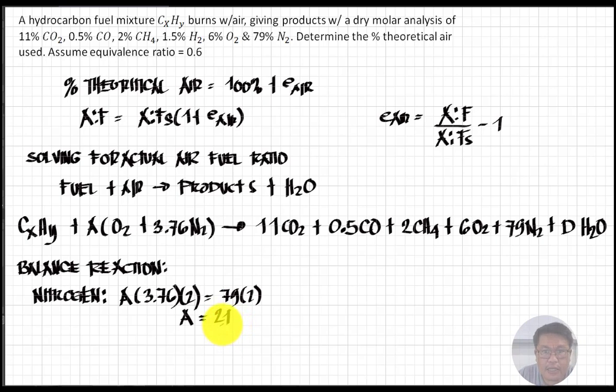Then let's go for the hydrogen. Now for our hydrogen, you will notice we have hydrogen in this one and this one. It is unknown, so I'm going to put here a letter Y since it is represented by Y. So that will be Y multiplying by 1, equal to, on the other side, for hydrogen, 4 times 2.